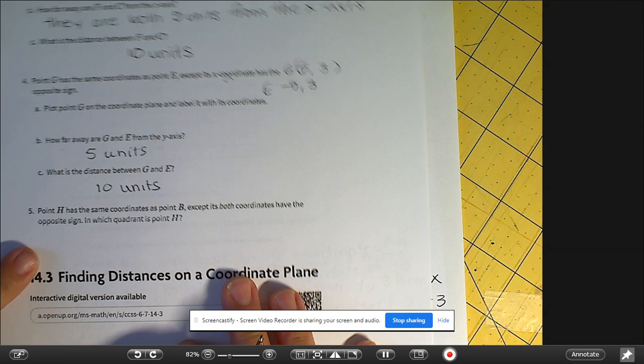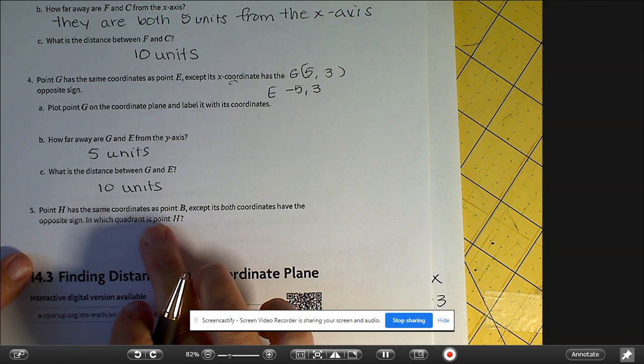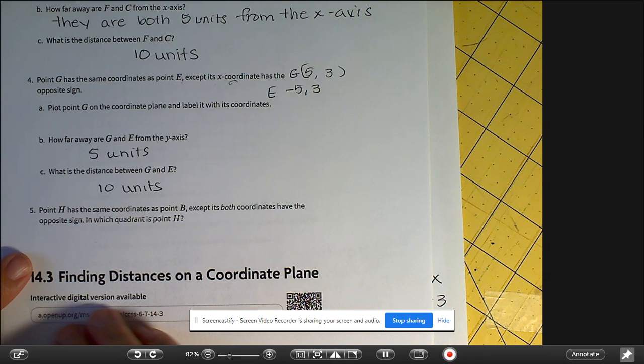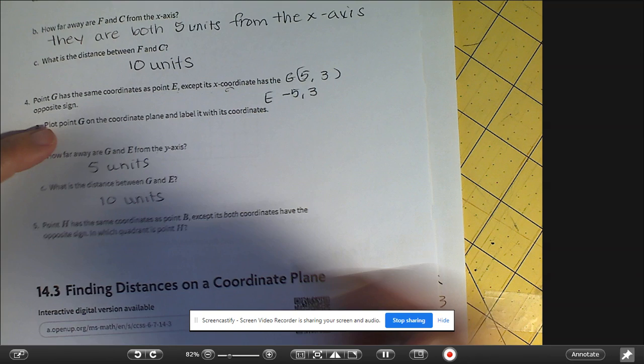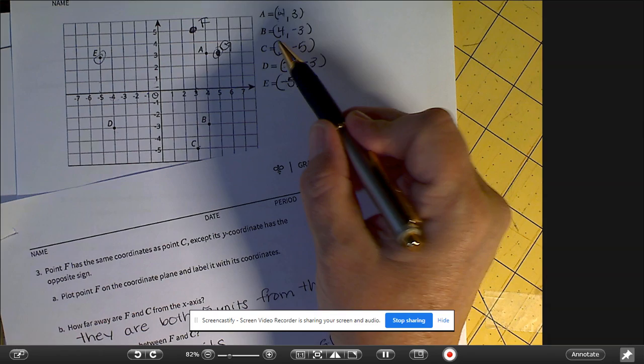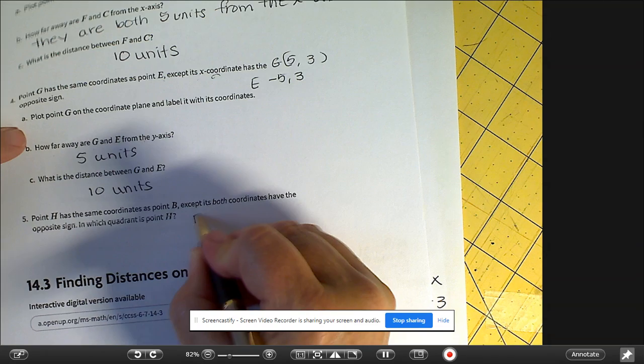And then number 5 says point H has the same coordinates as point B, except both coordinates have the opposite signs. Which coordinate is point H? So let's look for B. B we said is 4, -3.